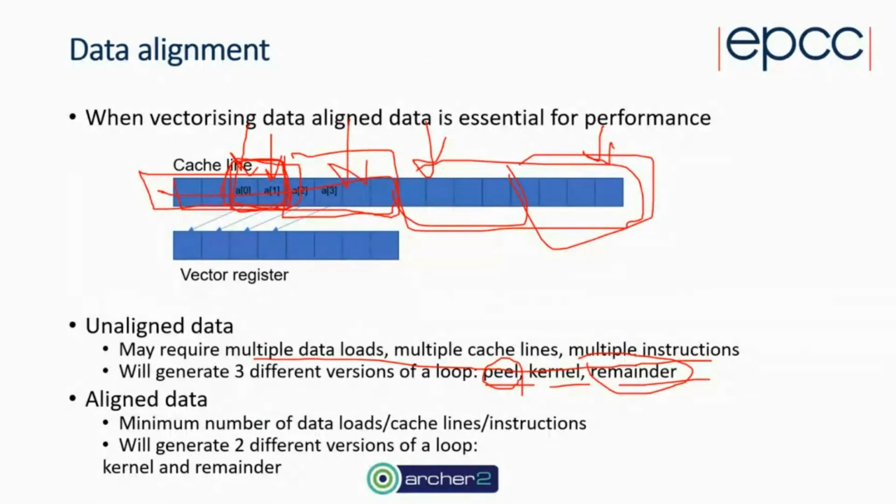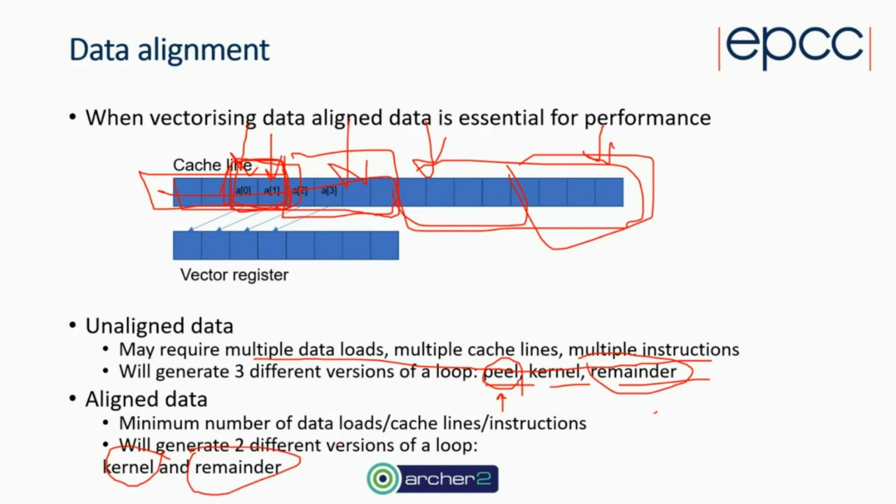So if we have unaligned data, it can vectorize, but it may not be as efficient as we would like, because it creates these extra things. It creates this peel loop at the beginning, and it has to do more data loads, and it has to do some data shuffling around. If we have properly aligned data, then it can do a kernel loop and potentially a remainder loop.